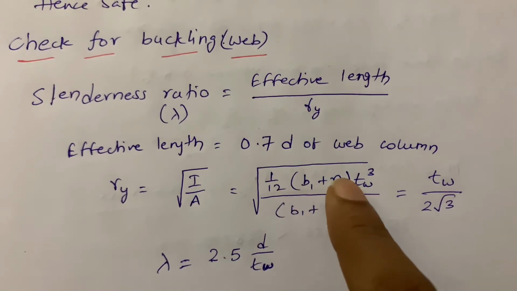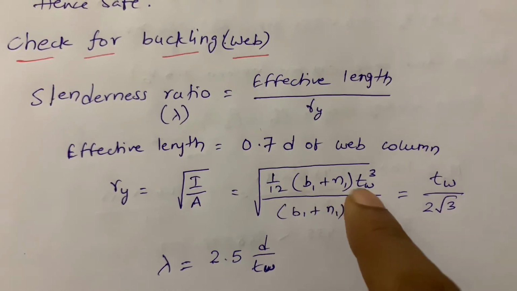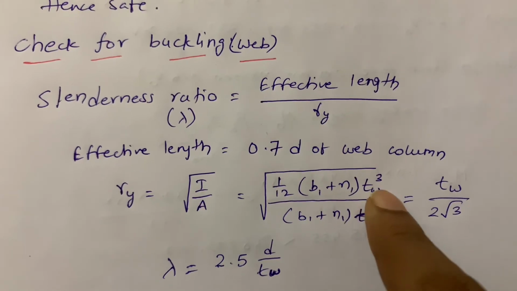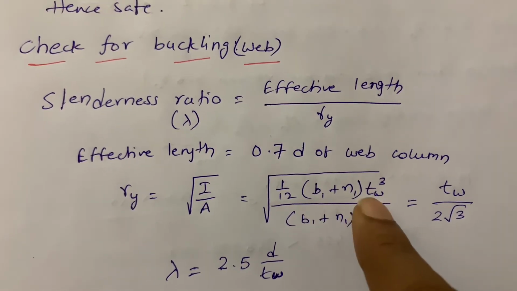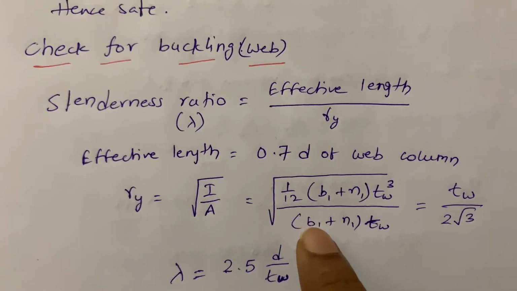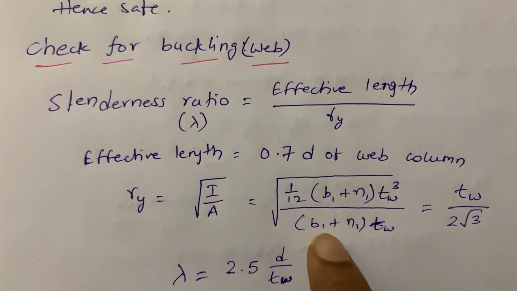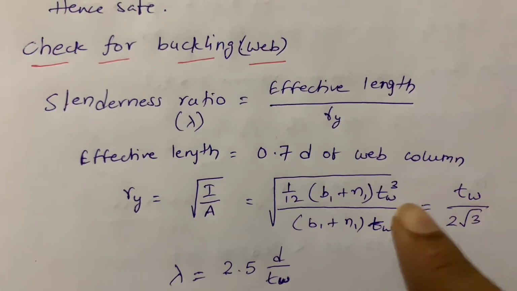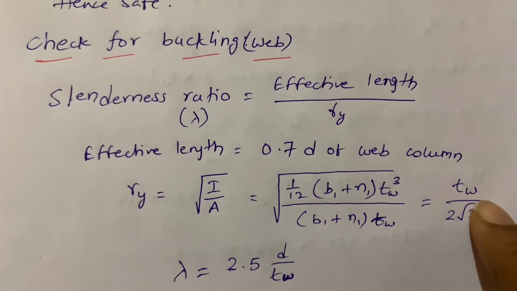The moment of inertia formula is bd cube by 12, where d is the thickness of the web, so (b1 + n1) into d cube by 12, and the area is (b1 + n1) into the thickness of the web. After solving this, I got this value.